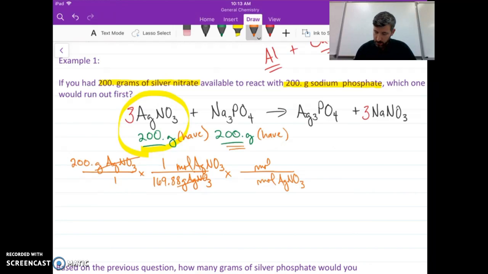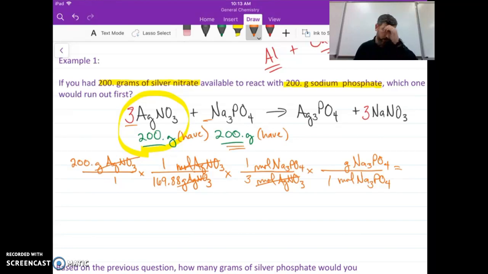So moles Na3PO4, and the balanced equation shows me that this is a 1/3 ratio. Okay. And then from moles of sodium phosphate, what do you think the last step is going to be? Good. Grams of sodium phosphate.